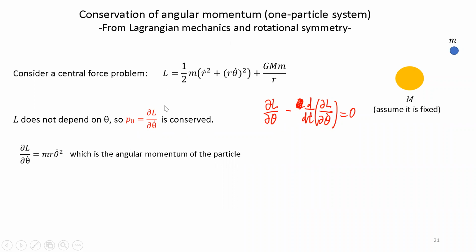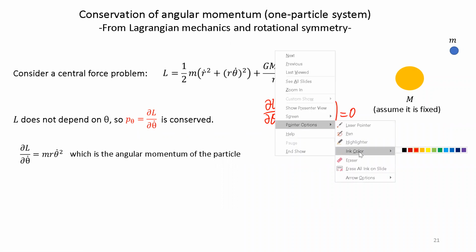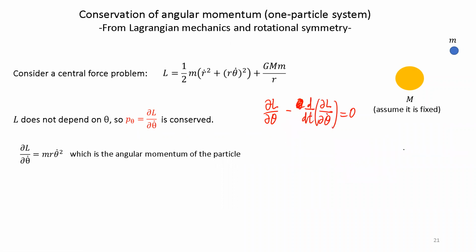Now from this simple example, the thing that we can notice is that if L, the Lagrangian, does not explicitly depend on the angular coordinate theta, then this generalized momentum, which is the angular momentum, is conserved.